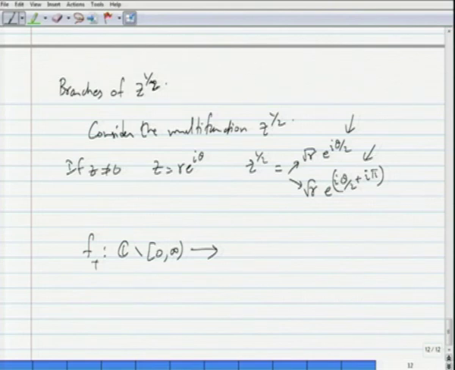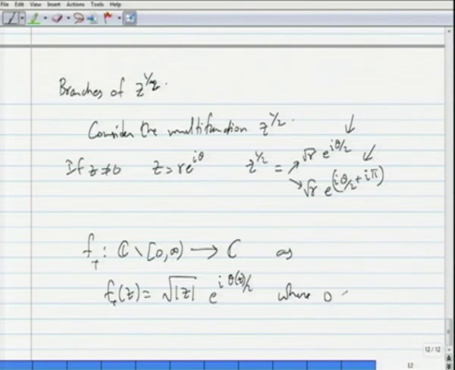Then you remove a half ray and define f_plus from C minus 0 infinity to C as f_plus of z equal to square root of the modulus of z times e^(iθ(z)/2), where 0 is strictly less than θ(z), which is strictly less than π, and θ(z) belongs to the argument of z.